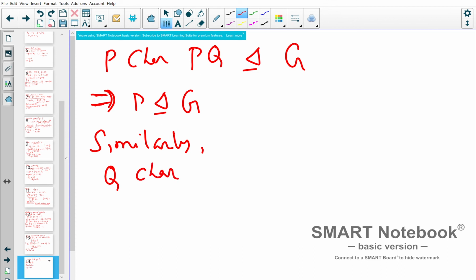This is an exercise you need to prove; it is a simple proof actually. Characteristic subgroups have this nice property: Q is a characteristic subgroup of PQ and PQ is normal, so a characteristic subgroup of a normal subgroup is normal. This implies Q is also a normal subgroup.